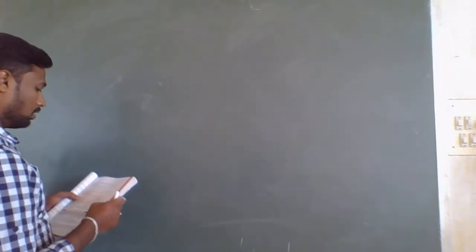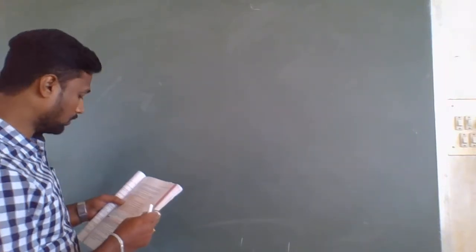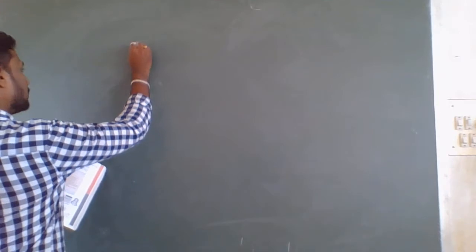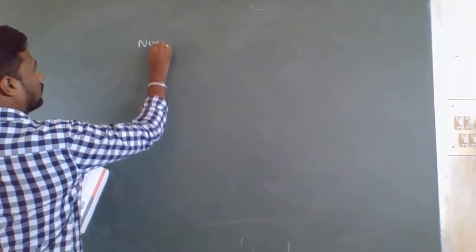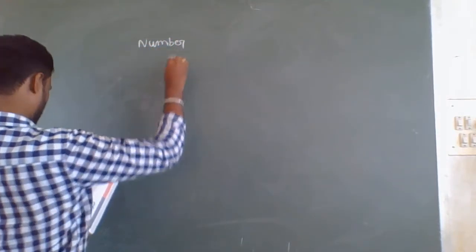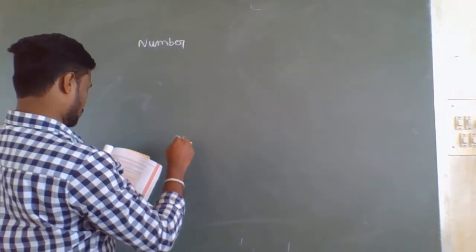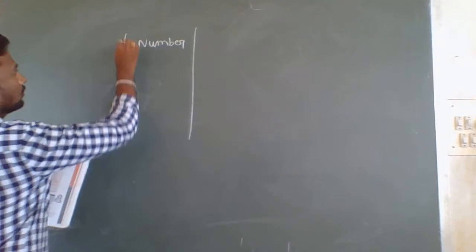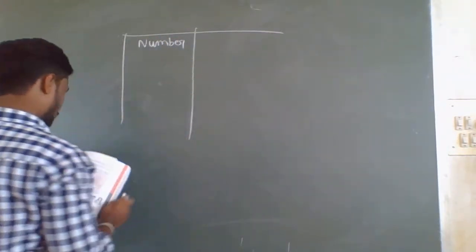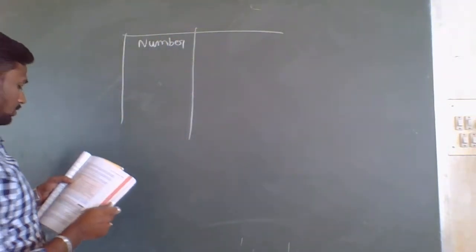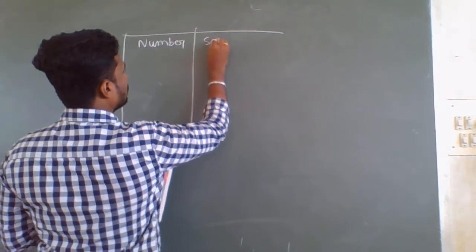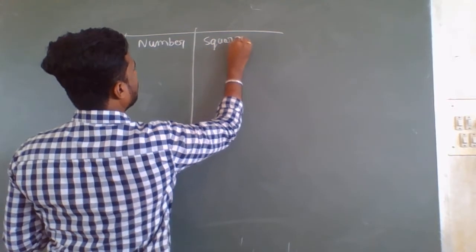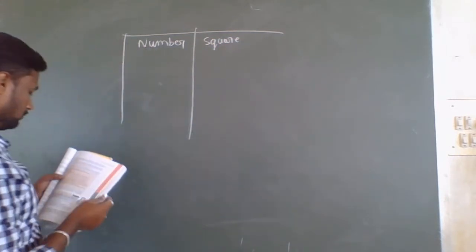So here, on page number 103 they have given one table where it contains numbers. Next, in the next column, it has square value.